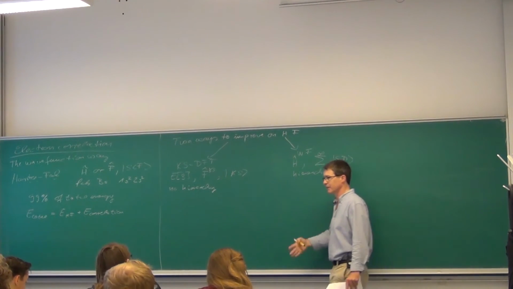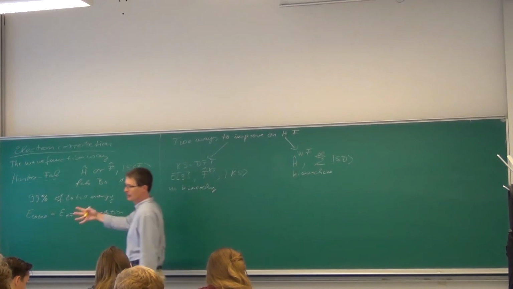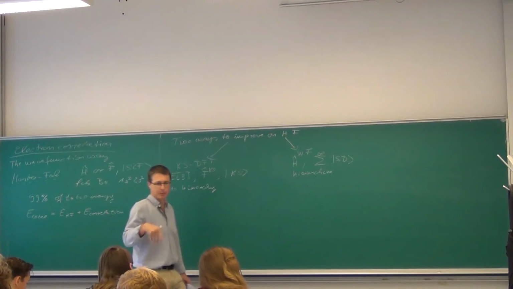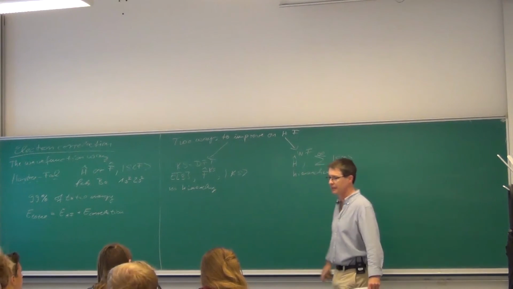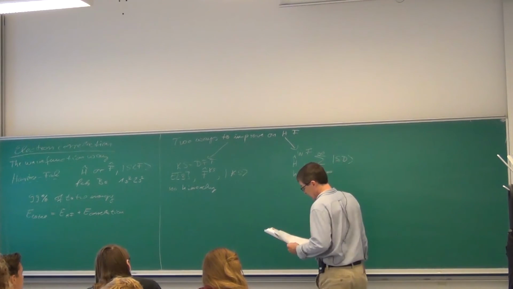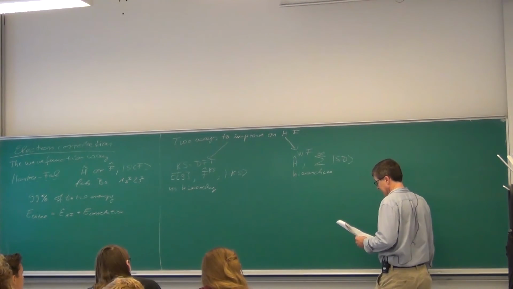Actually hierarchies, because there are, in a way, four types of methods, four types of hierarchies, in which we can get to a more and more accurate wave function, which unfortunately always means a more and more expensive wave function. But that's the way it is.